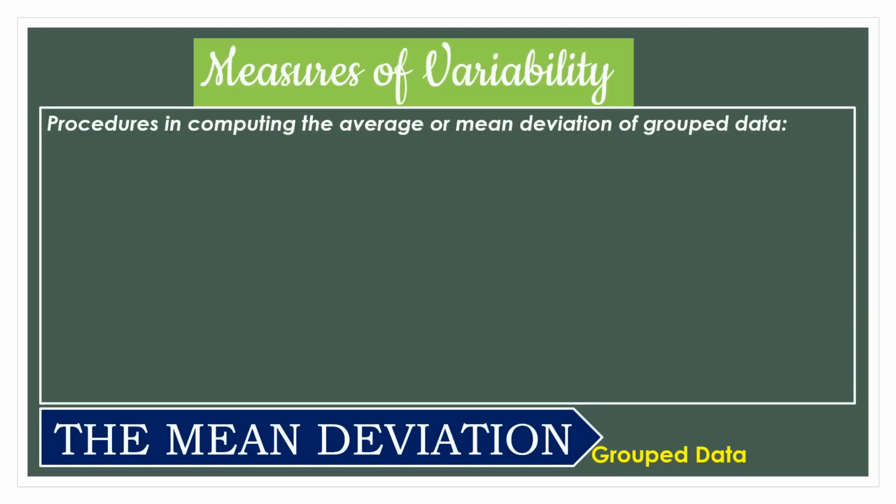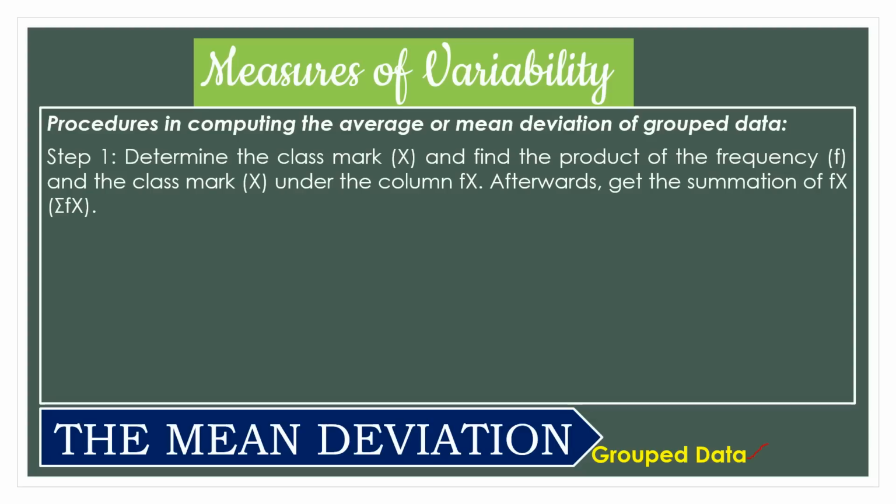Okay, this time we discuss how to solve for the mean deviation of a grouped data. Here is the procedure. For step 1, we determine the class mark. Again, we use the symbol capital X for it, and find the product of the frequency and the class mark under column Fx.